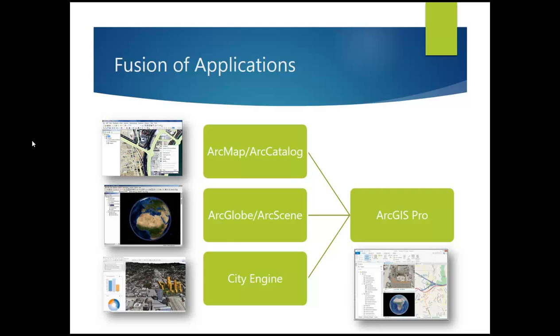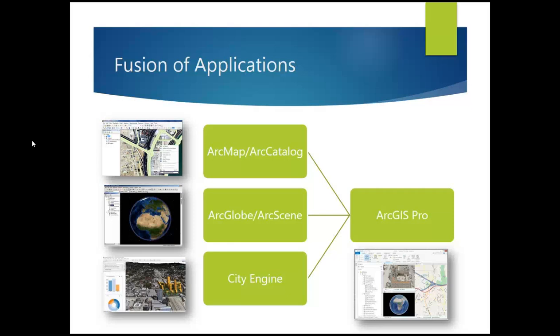The combination of these three applications into one created ArcGIS Pro, an application where you can utilize all three on one screen. This, along with the user-friendly interface, creates a better experience for the GIS user and allows more opportunities for working with 2D and 3D data.